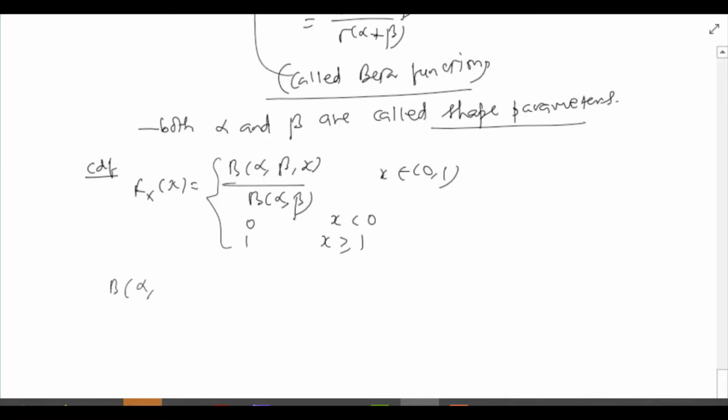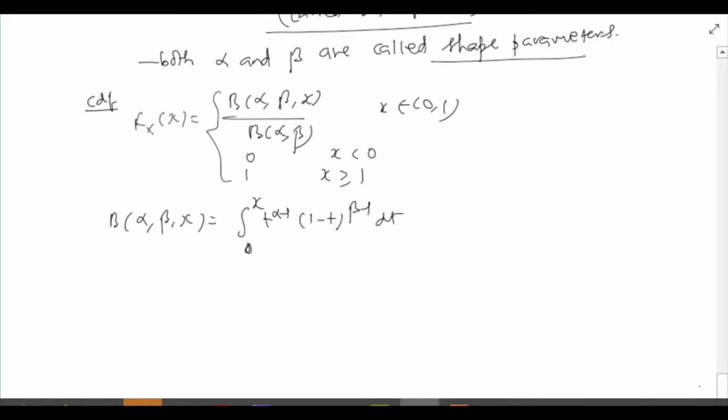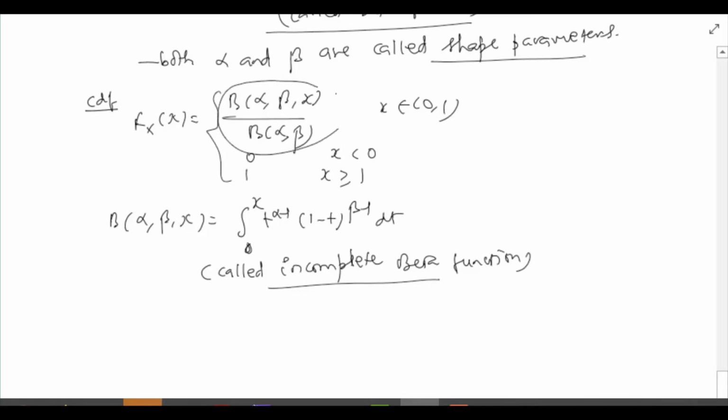Here the function B(alpha, beta, x) is given by the integral from 0 to x of t^(alpha minus 1) (1 minus t)^(beta minus 1) dt, and this is called incomplete beta function. The expression of CDF for the values of x between 0 and 1, that is this expression, itself is called regularized incomplete beta function.